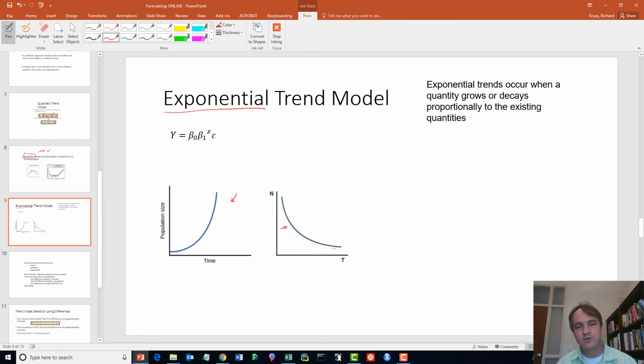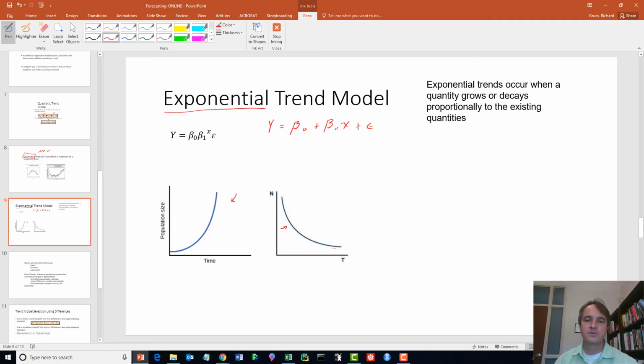Now, you do have these growth and these decays like this. Anytime somebody says something is growing exponentially, this is actually what the growth looks like. And so the equation is going to look a little bit different. Remember that for the linear model, even if we were adding an x squared, we basically had this kind of linear combination of x variables, and then we had plus error here.